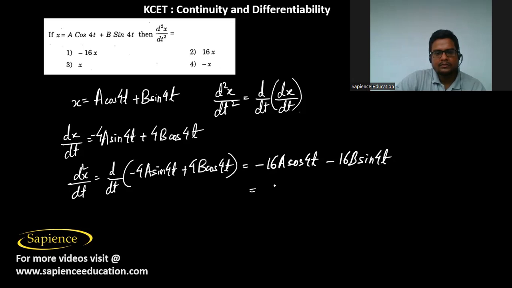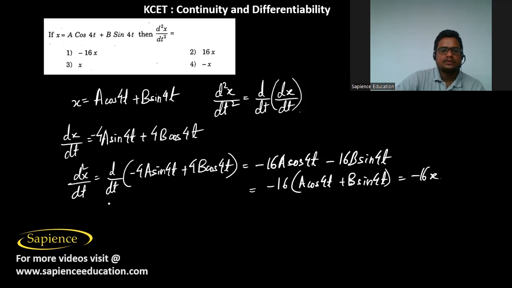So we can write this as minus 16 into a cos 4t plus b sine 4t. So this is equal to minus 16x. So d square x by dt square is minus 16x. So option 1 is the correct answer.